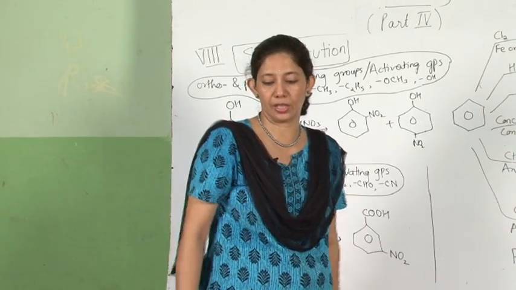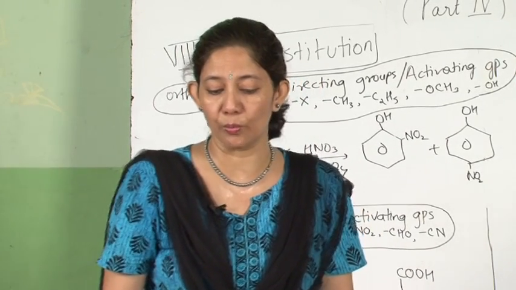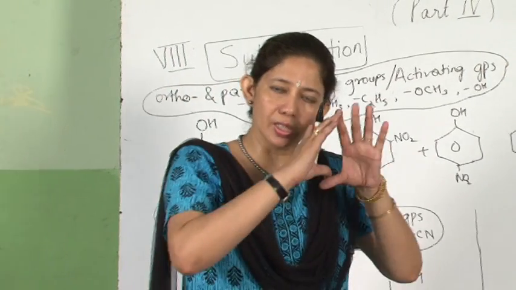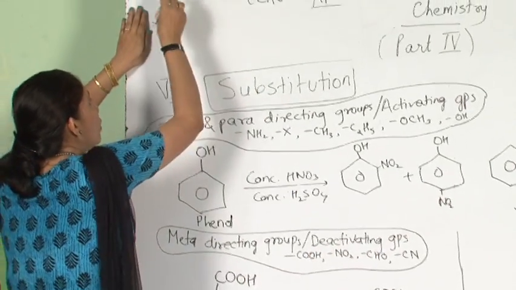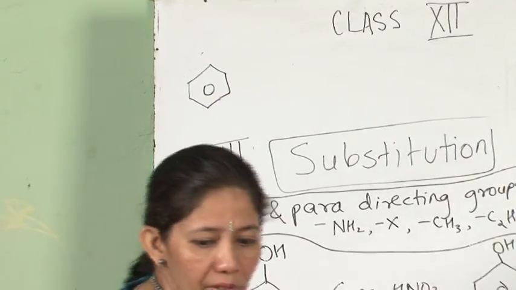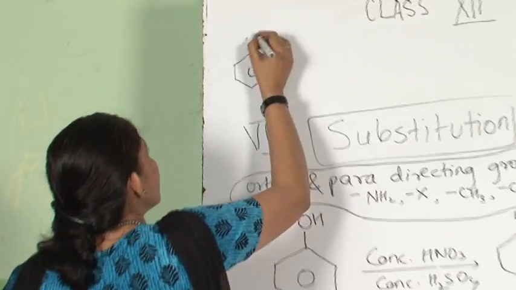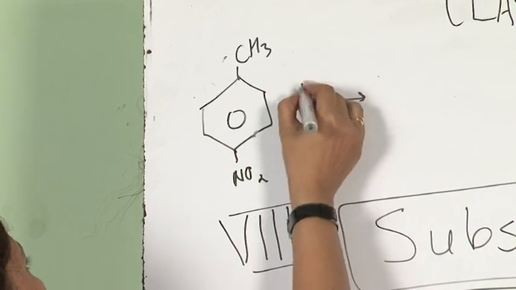One of the conversions is given, that is how to convert 4-nitrotoluene to 2-bromobenzoic acid. It is a solved example. Whatever compound is given, arrow mark, what part is given? For example, the question starts like this, CH3, NO2. I am putting it like this.